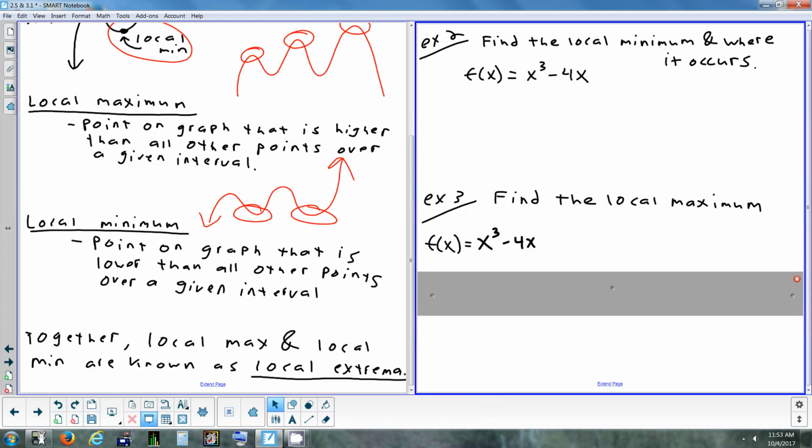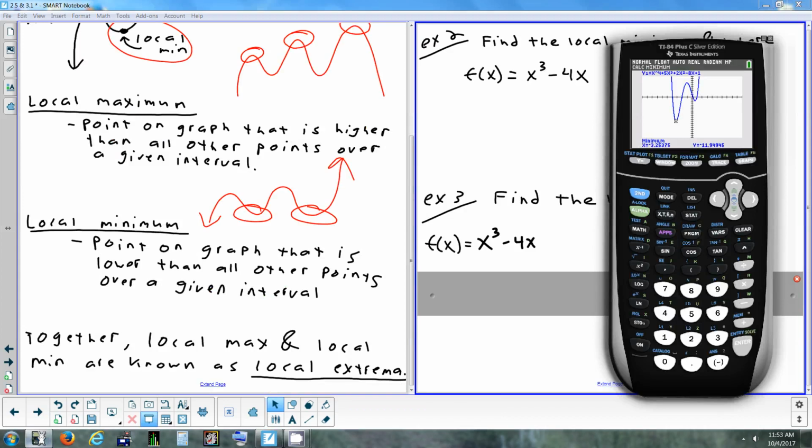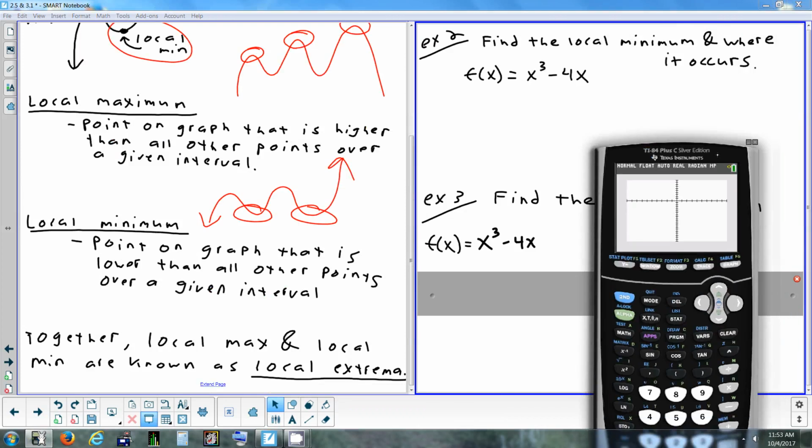It's x cubed minus 4x. So the question asks me to find the local minimum and where it occurs. Let's start with the minimum.